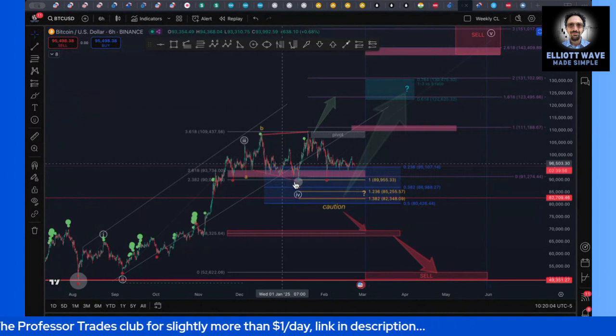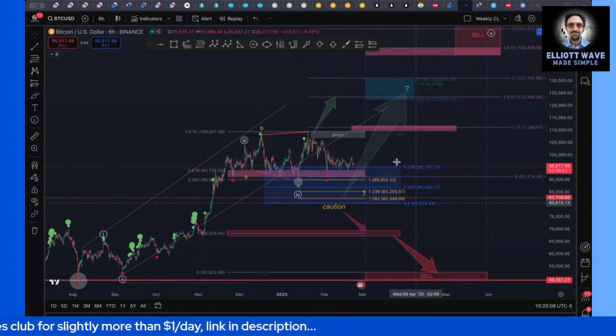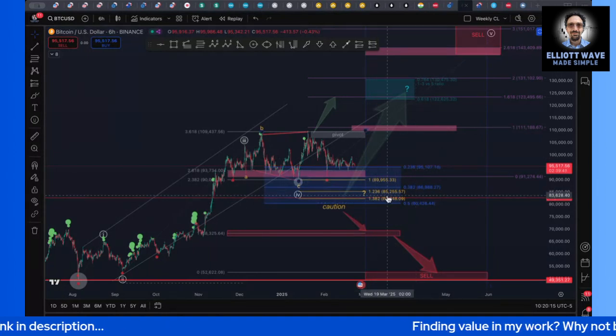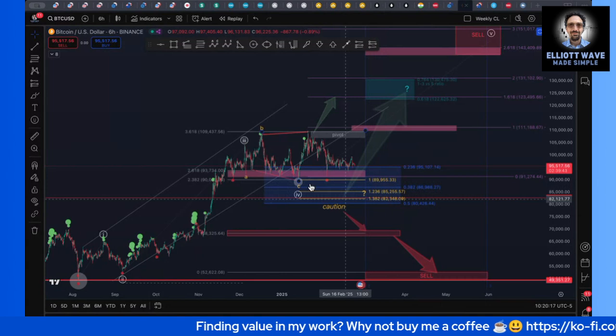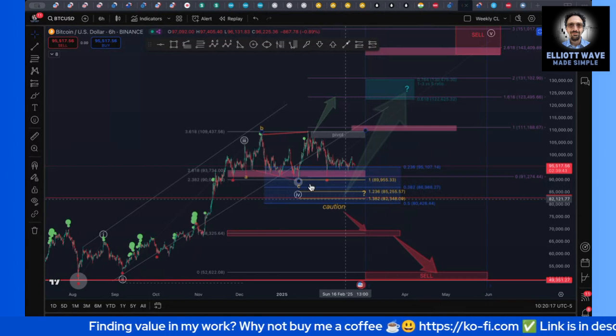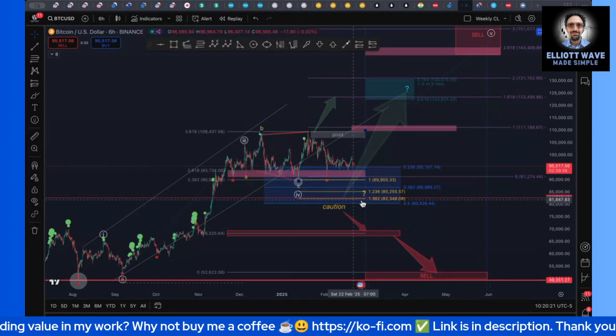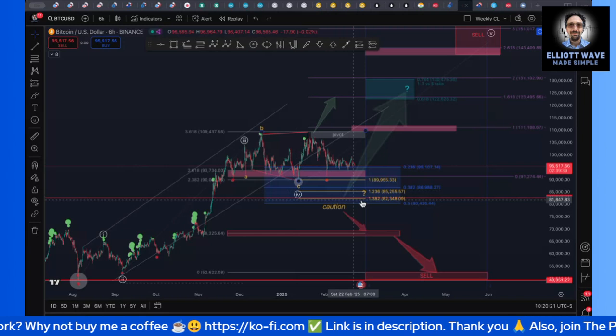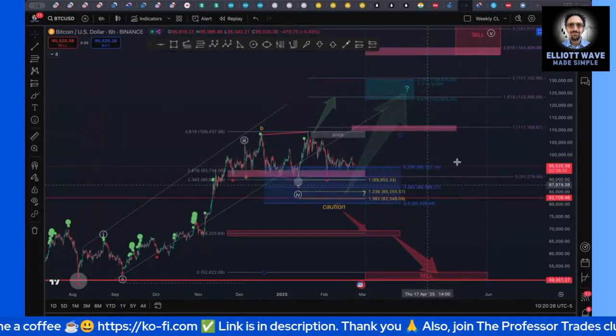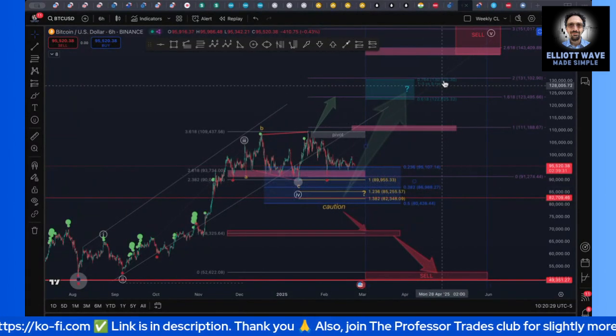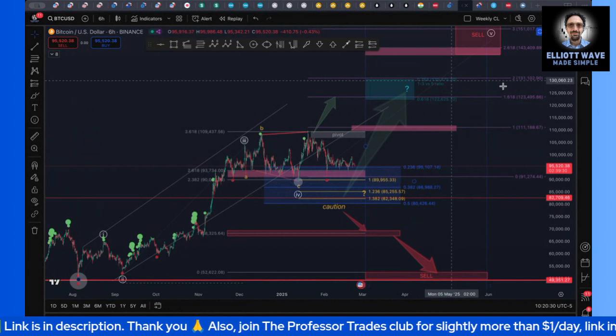The overall idea is this blue area is the wave 4 zone. So could it come back down and get deeper into these yellow fibs? Absolutely. In fact, that's what I was expecting it to do over here. So if it does come back down and make a new low, I'm just going to move over the wave 4 label. And the idea is, if this blue box holds, you have two ideas that it could be. It could come up to the top of this box, just call it 130.